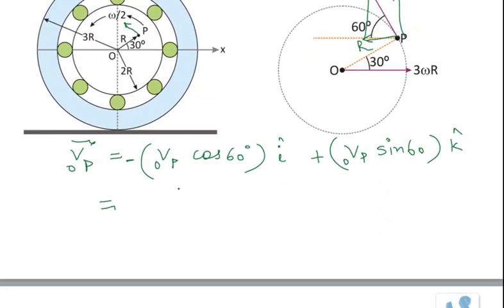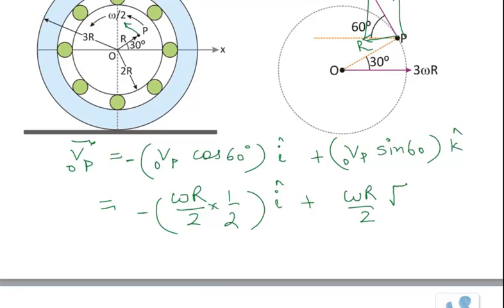Now the value of VPO is omega r by 2 and cos 60 is half. So this can be written as omega r by 2 into half i cap, this is with a minus sign, plus omega r by 2 sin 60 is root 3 by 2 k cap.